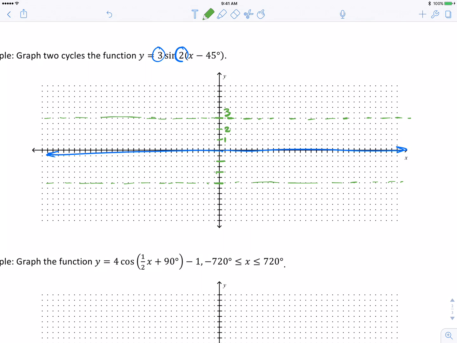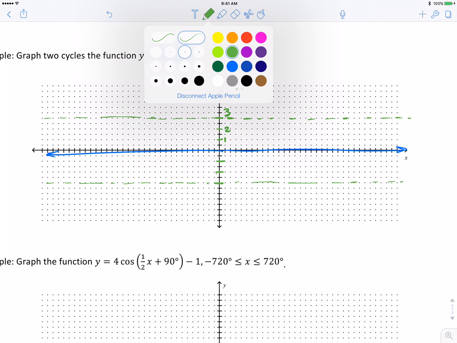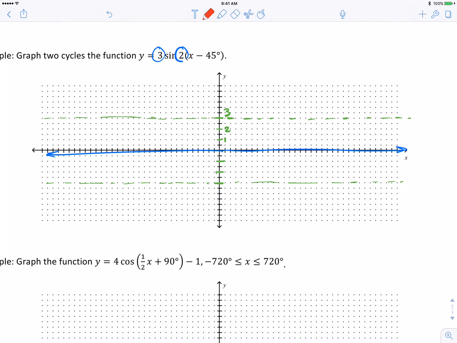My phase shift is at 45 degrees. So remember, if there are 6 ticks to 90, and I'm talking about each tick being 15 degrees, I know that 45 degrees will be 3 ticks. So to the right, 1, 2, 3. This is going to be the starting point for my function.